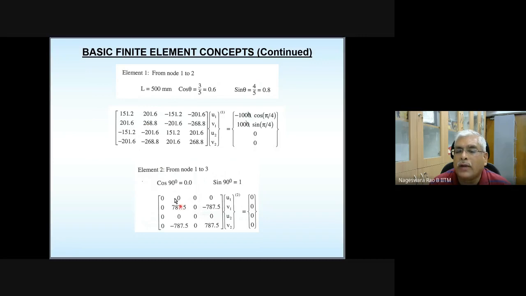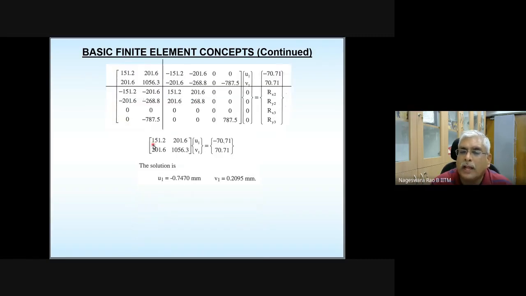Only these two quantities you add, just quickly add them together, and the rest of them are all zeros. If you add them together, that is what you are going to have in the global, in the reduced equation system.